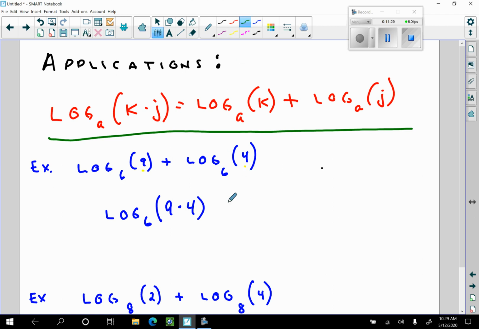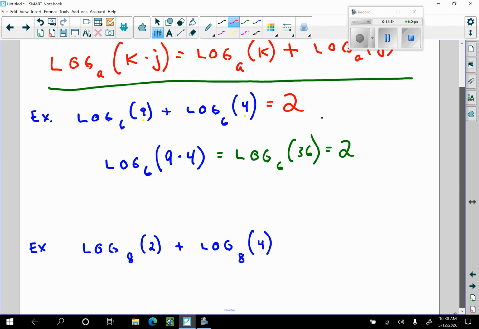Well, what is 9 times 4? That's going to be the log base 6 of 36. 6 to what power is 36? That's 2. So this certainly doesn't look like 2, but guess what? It is. Why? Because of the product property of logarithms.